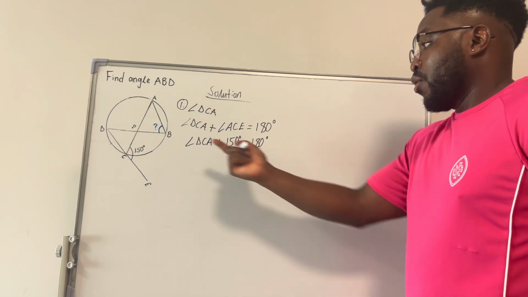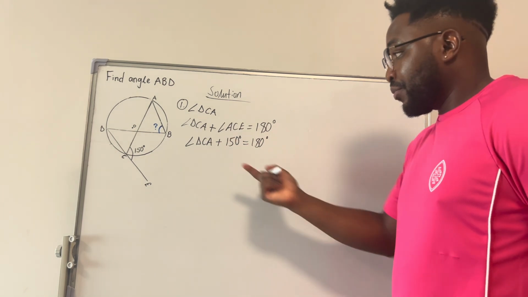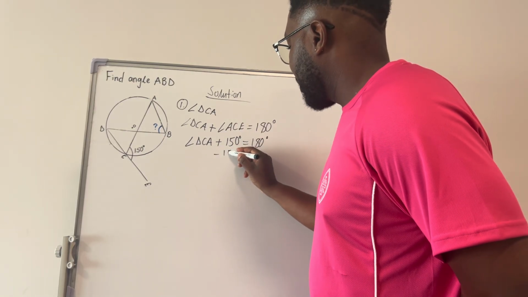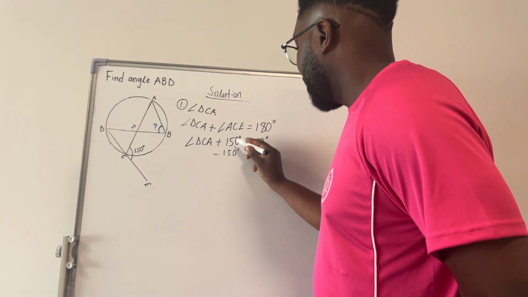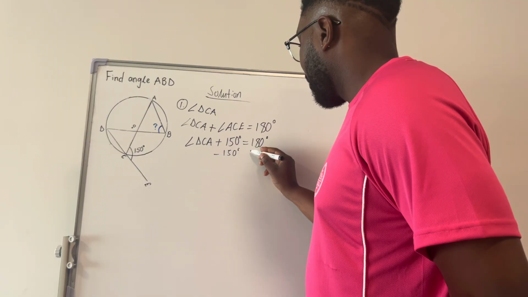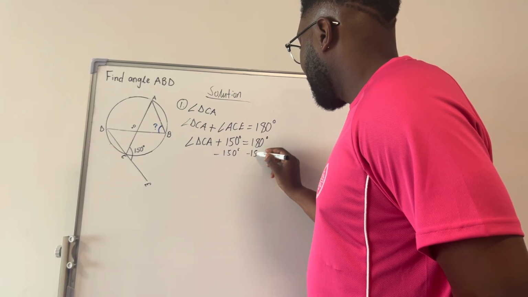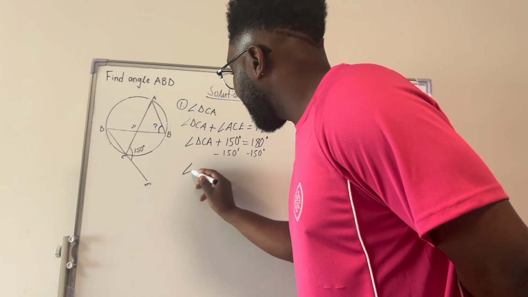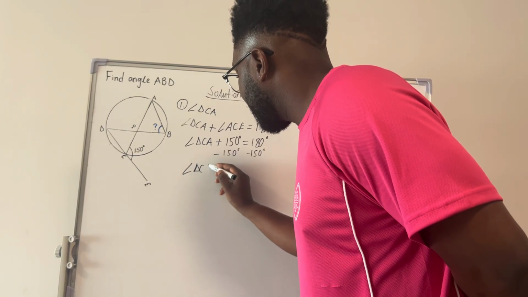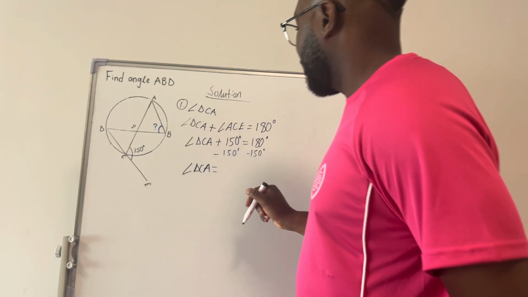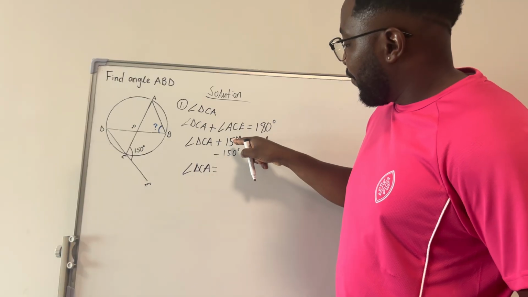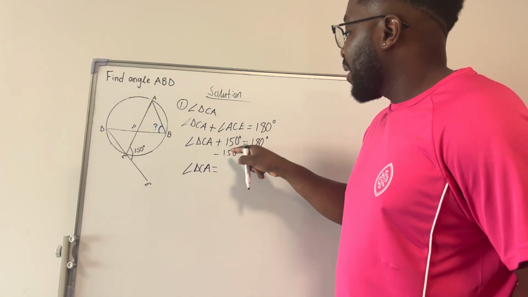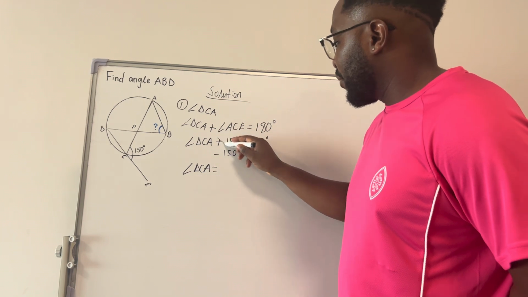Okay, so now we can work out this part over here. We just have to subtract 150 degrees from our left side, and we do the same on the other side, and we'll be left with angle DCA equal to 180 minus 150, those 150s cancel out.